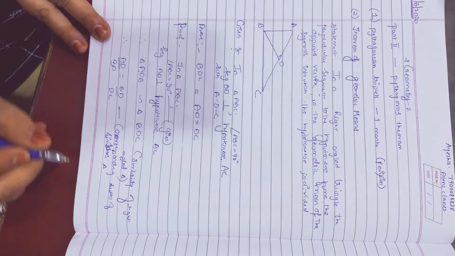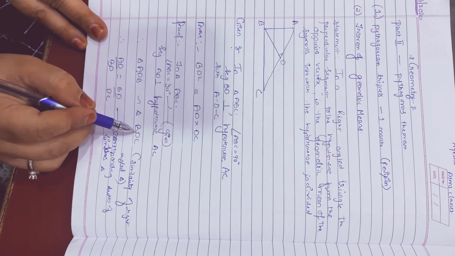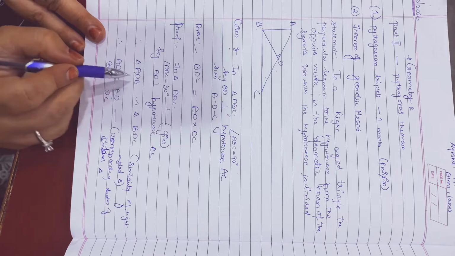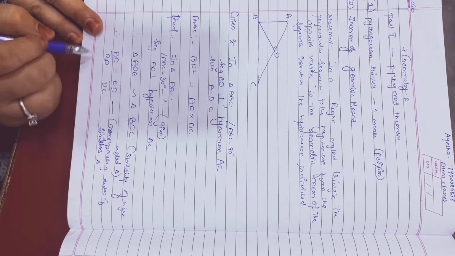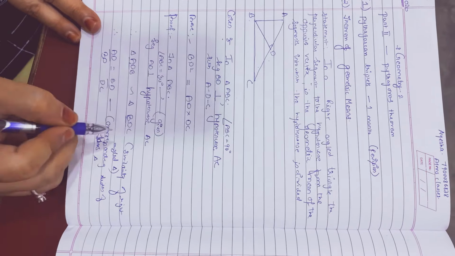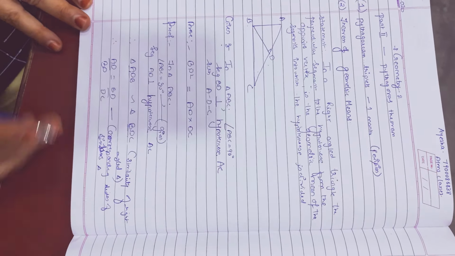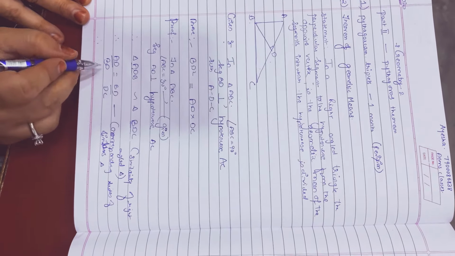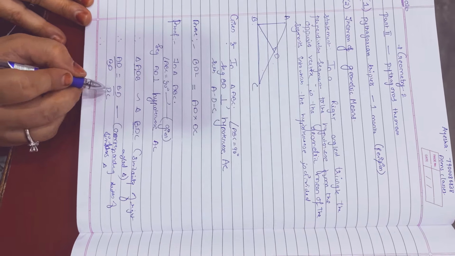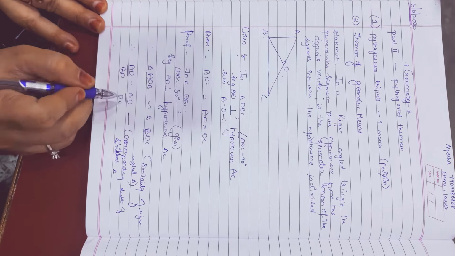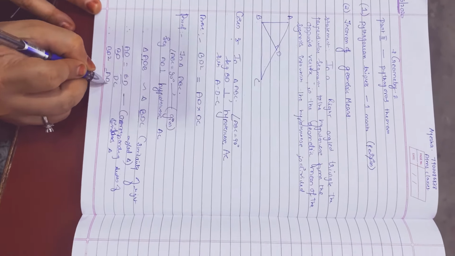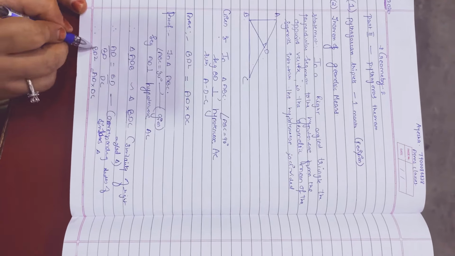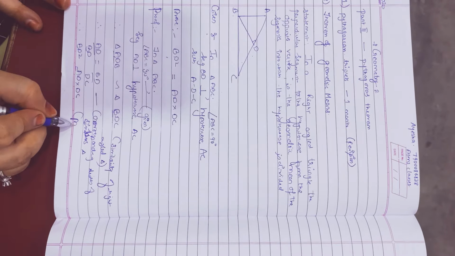AD, BD and BD, DC. Therefore, from above, after cross multiplication, BD multiplied by BD is BD square and AD multiplied by DC. So this is proved.